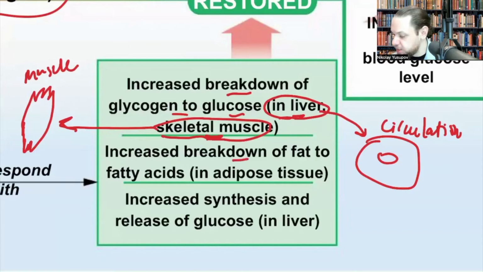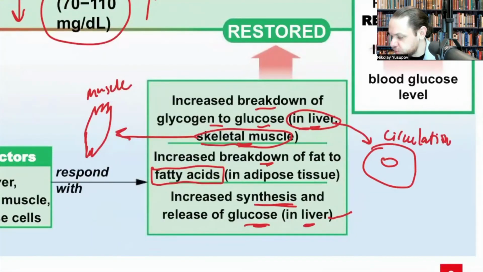It's going to increase breakdown of fat to fatty acids. Fatty acids can be converted to acetyl-CoA, which we can utilize as a substrate again. And here we have increased synthesis and release of glucose in the liver. Hopefully this will drive our blood glucose level up to restore homeostasis.